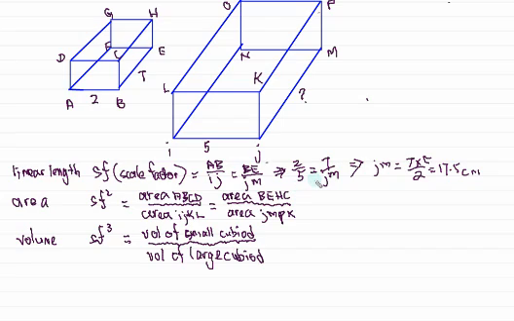Now, besides using the scale factor to find the unknown length, you can also use it to find the area. Now let's look at this. For example, given ABCD, the area of ABCD is 20 cm square. I want you to find the area of the corresponding area, which is IJKL.